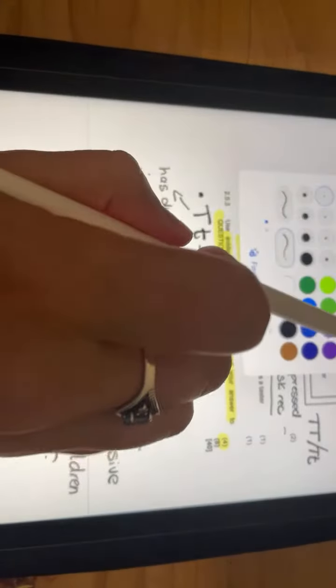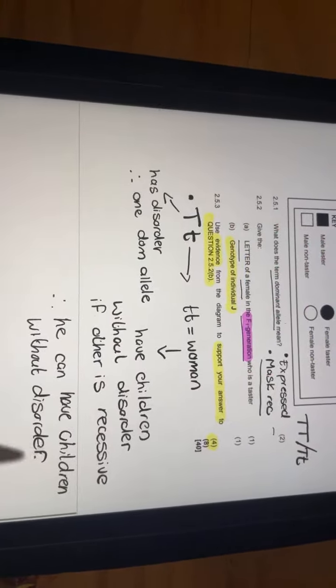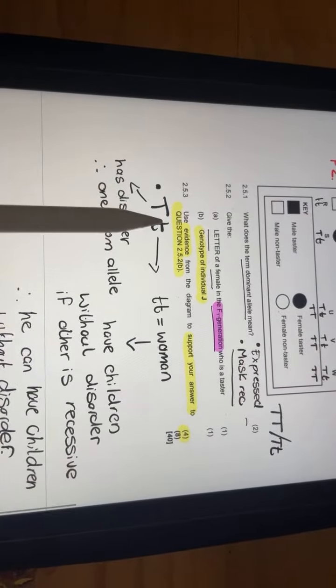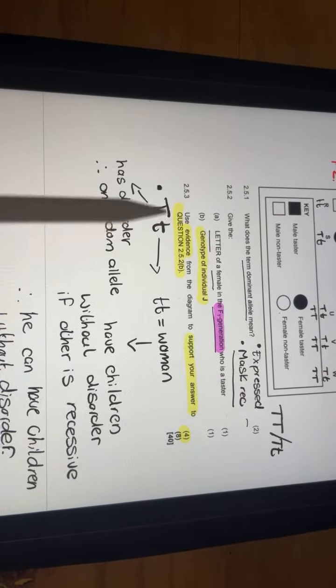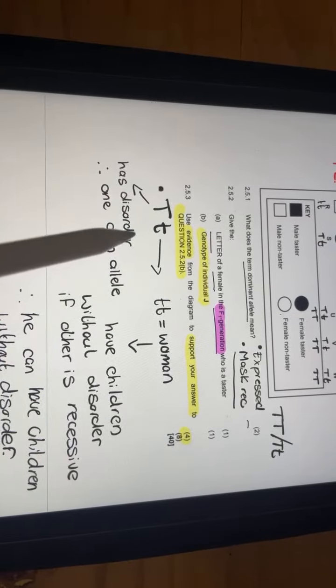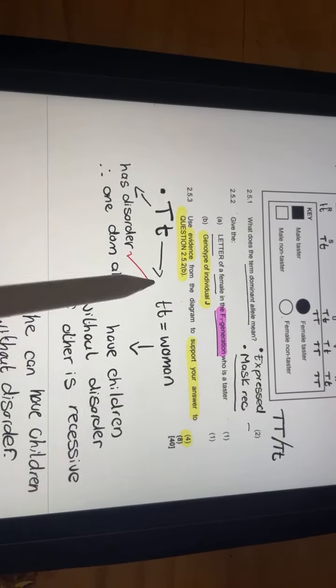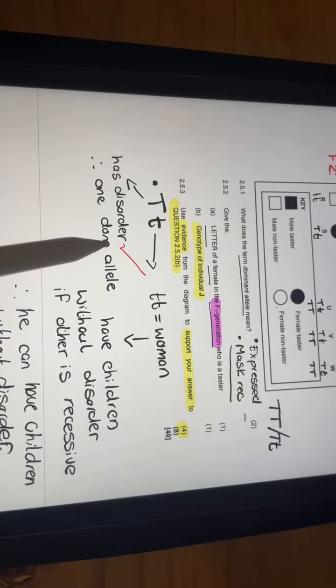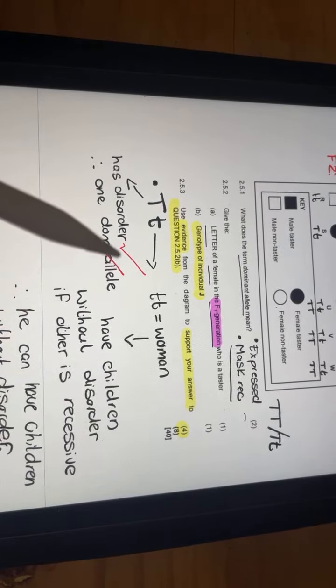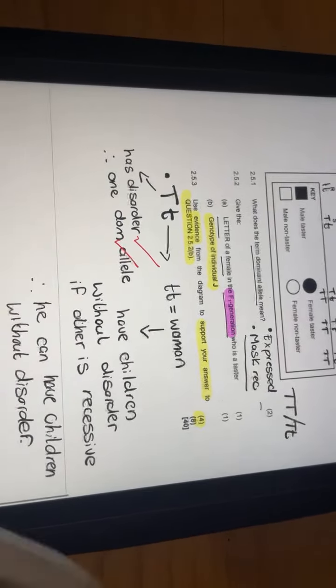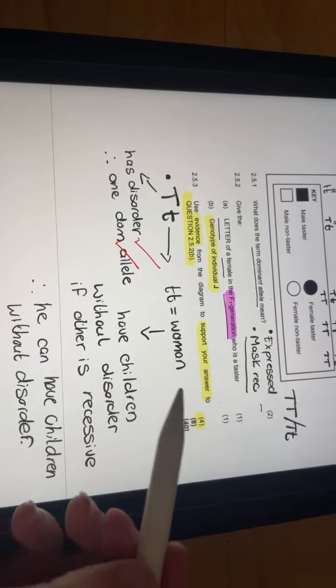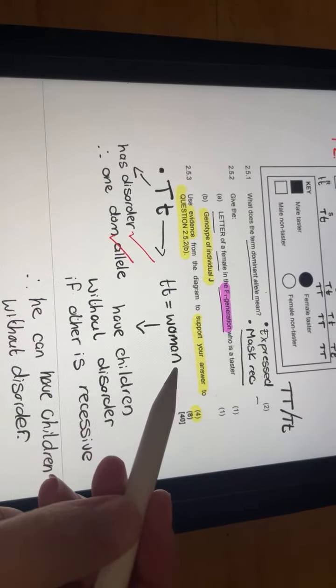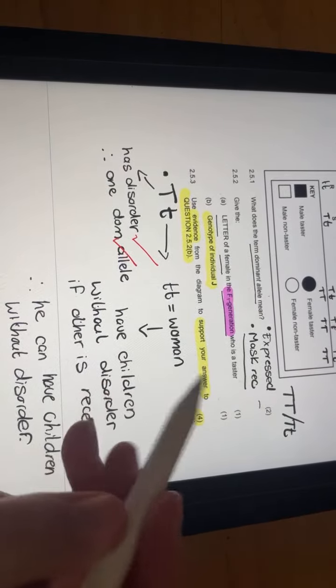Okay? So what do you get marks for where? Because I know it's a lot to take in and you're thinking, well, what do I get a mark for? So you've already given his genotype earlier, so you don't get a mark over here. But first of all, you get a mark for saying that he has the disorder because he has at least one dominant allele. Then when you come over to this side, you get a mark for saying he had children with a woman who is not a taster.